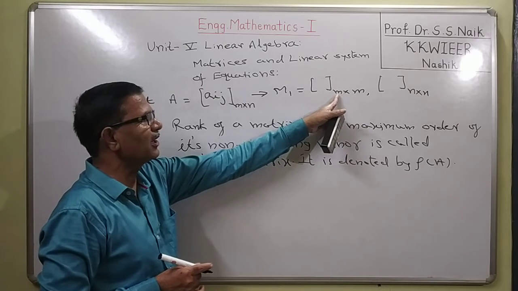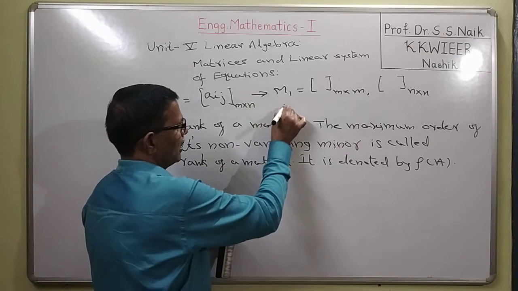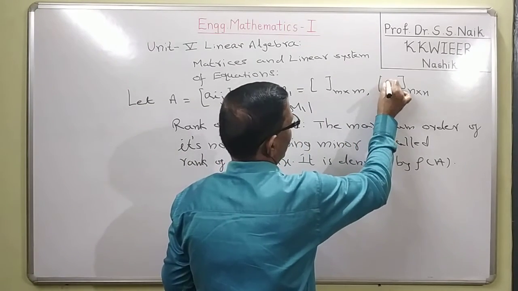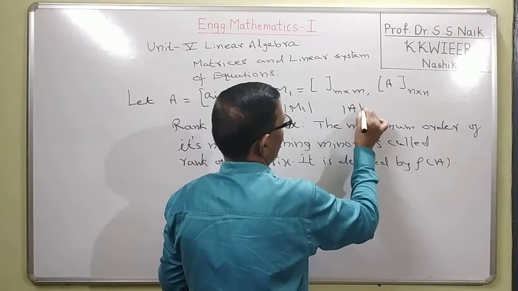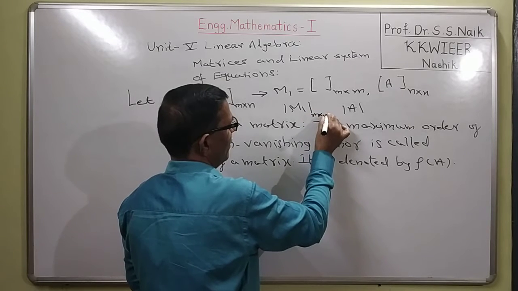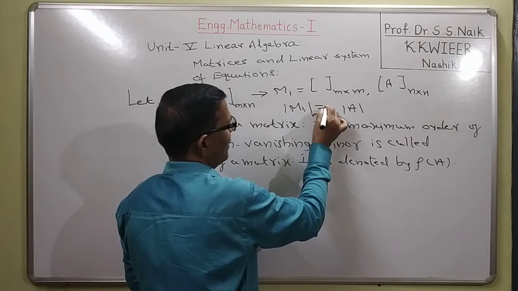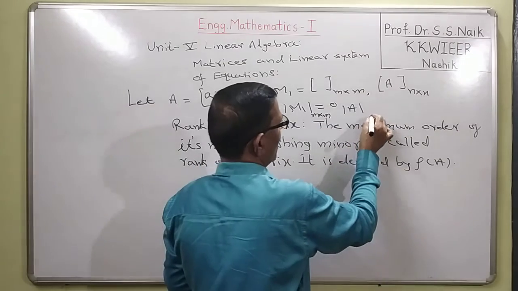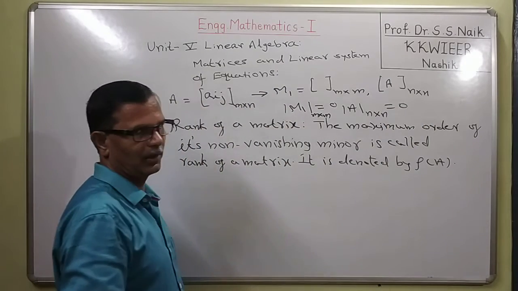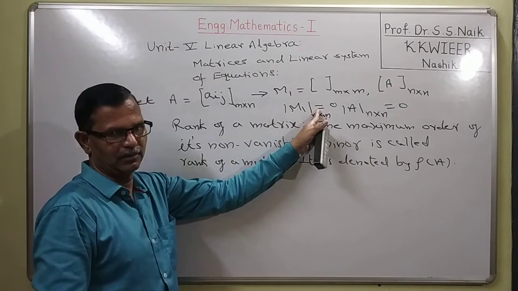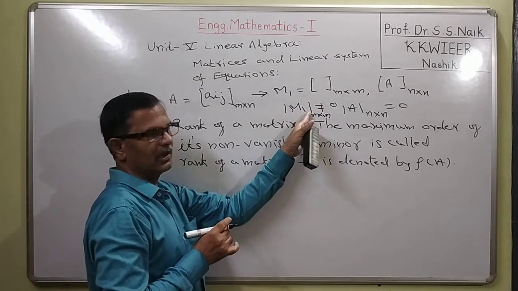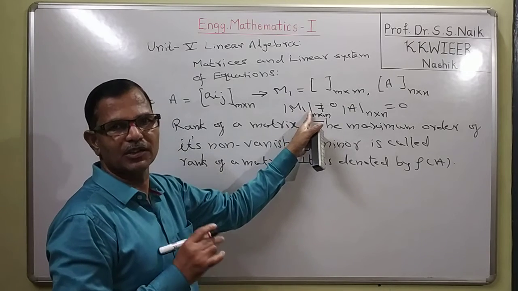When you take the determinant of this, that is the determinant of M1, or say this is equal to A, then the determinant of A. So M1 is an m by m matrix, and the determinant of this either may be equal to 0 or the determinant of this also may be equal to 0. Then this is not a minor. So if this is not equal to 0 and this is the highest minor, then that is called the rank of the matrix.